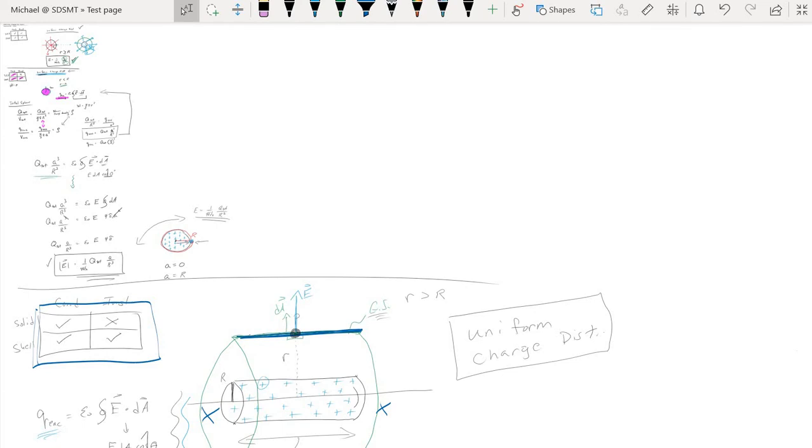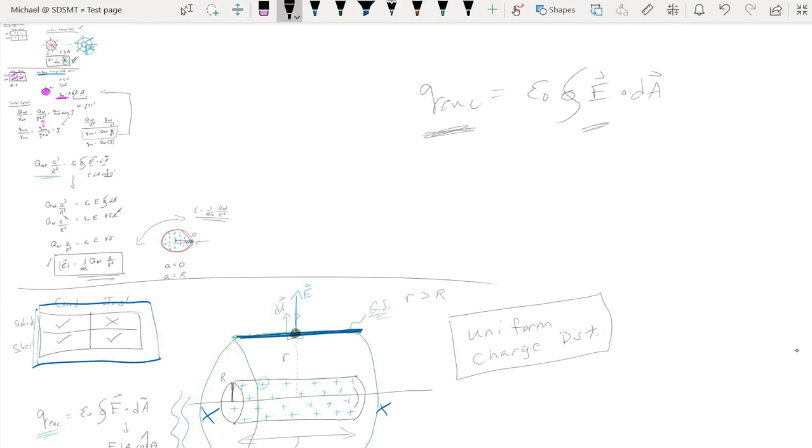And so in the next video, we're going to depart a little bit from the way that we've been using Gauss's law. We have almost exclusively been using Gauss's law to help us derive the electric field for a given system, knowing what the charge is.